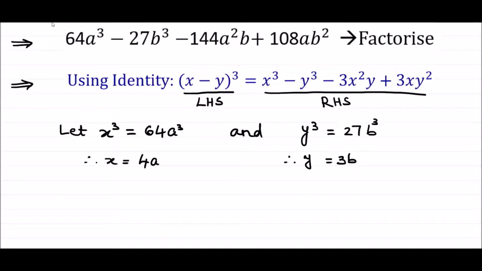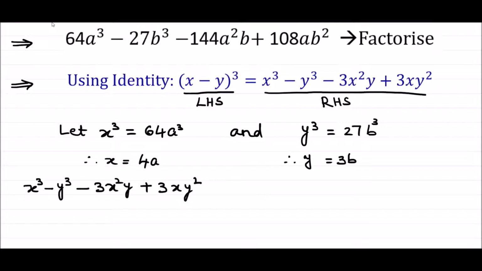Now let me rewrite the right hand side of the given identity, which is x cube minus y cube minus 3x square y plus 3xy square.